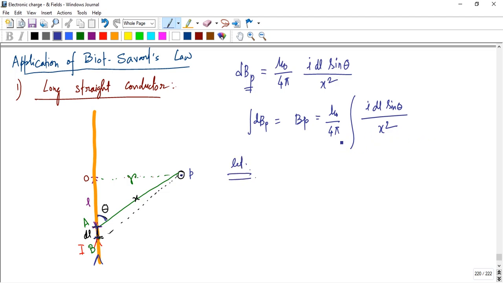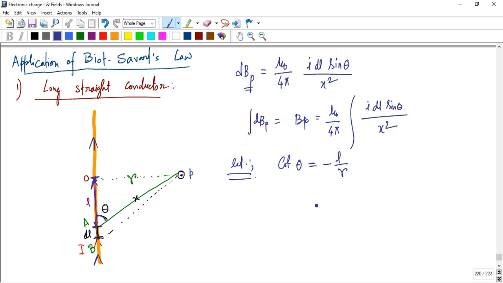Let us make an assumption for solving the integration. Suppose cot theta is equal to L over R, since cot theta is base by perpendicular. So that is minus L by R, because the current is in the upward direction and the length is considered in that direction, so there is a minus sign here.